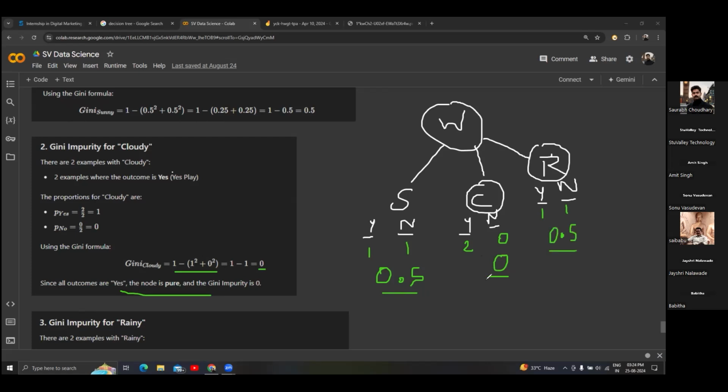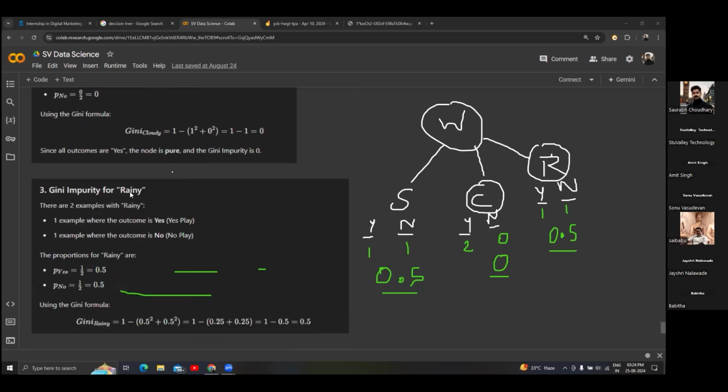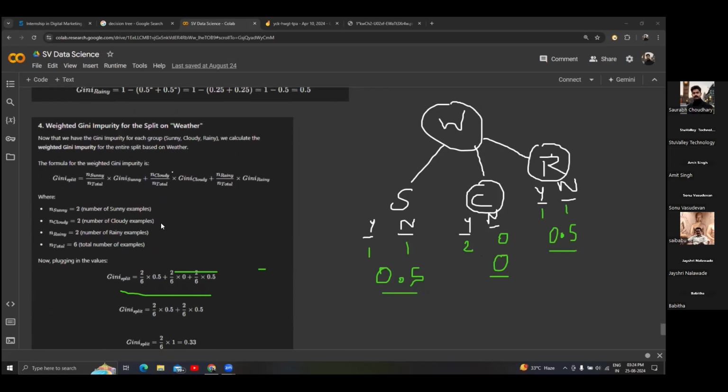Okay, so for weather you have calculated, but still you have to calculate further. Now we have the Gini impurity for each group, and we calculate the weighted Gini impurity for the entire split based on the weather.